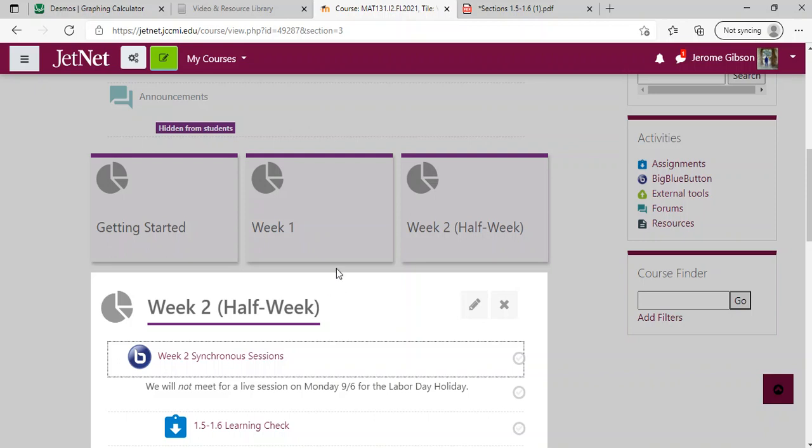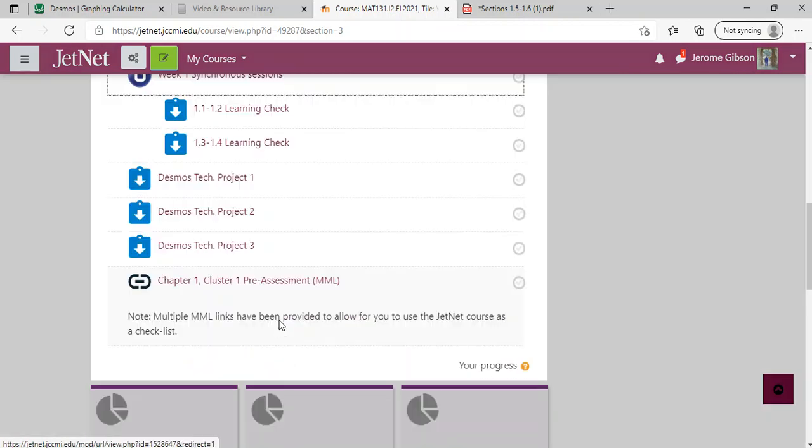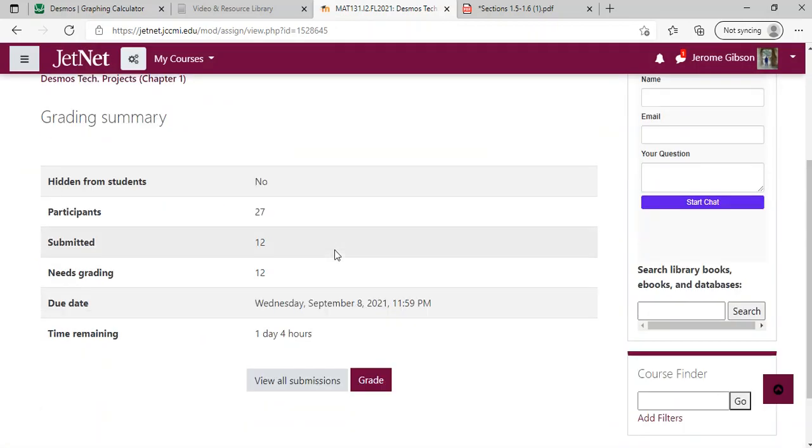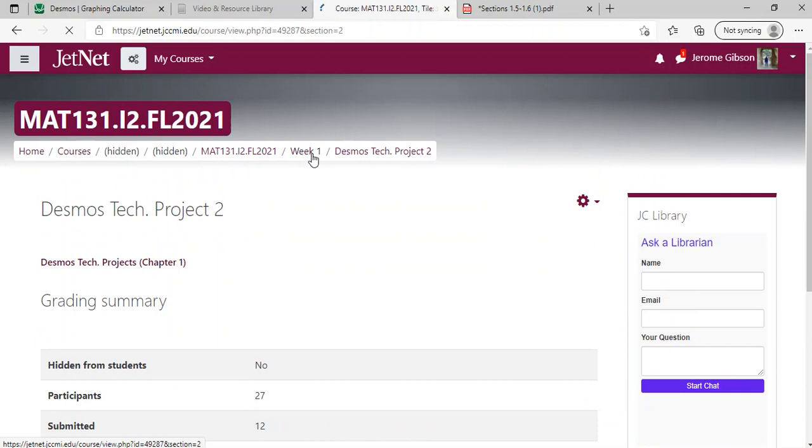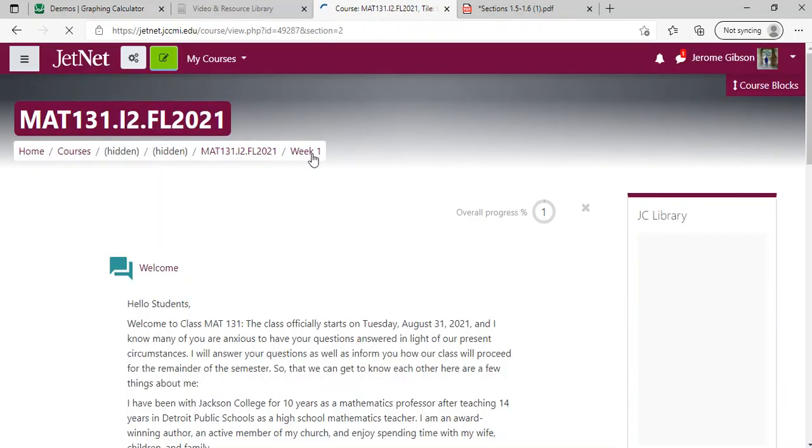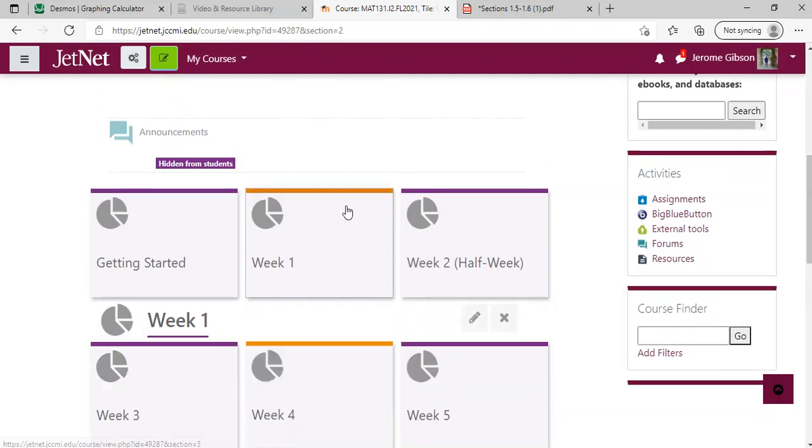And remember, from week 1, you still have Desmos Tech Project 2, which I believe is due tomorrow. Yes, it's due tomorrow. And I'm not sure, I think Project 3 is also due tomorrow. Let me just be sure.